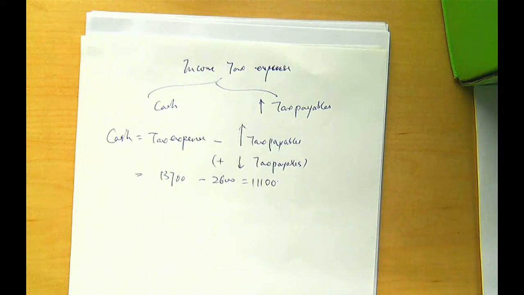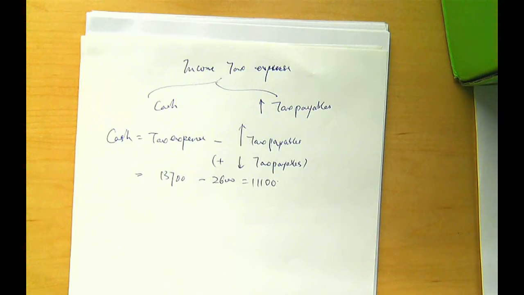So this is an outflow of 11,100, right? Let's sum it up. And you see that this number actually nicely matches the reconciliation number. See that?